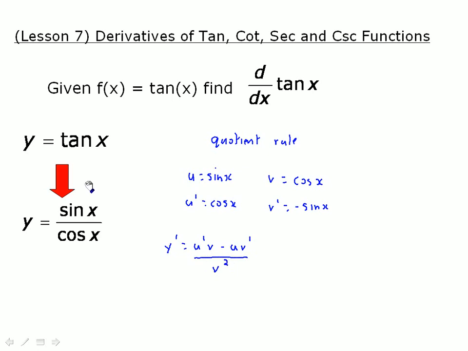I'm just going to get a little bit more space to work and then finish this one off. So y prime is equal to u prime, so that would be cos x, times v, which is also cos x, and then minus u, which is sine x, times v prime, which is negative sine x.